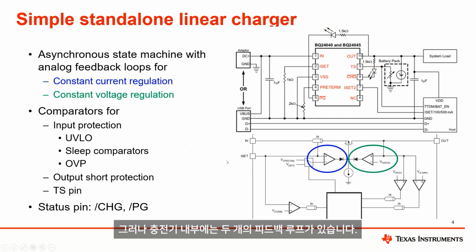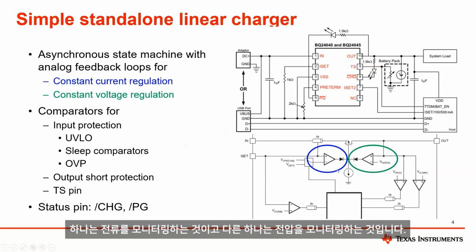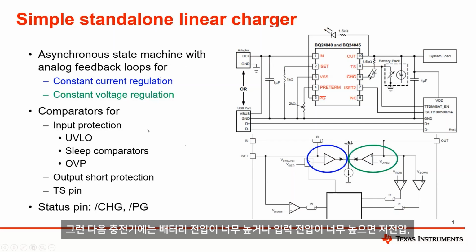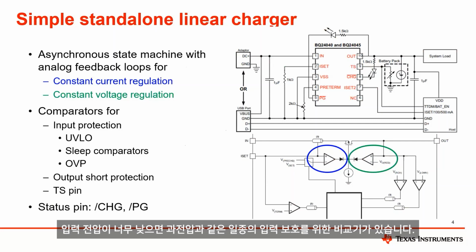But inside the charger, there are 2 feedback loops, one to monitor current and one to monitor voltage. I've got those highlighted in blue and green. And then the chargers also have comparators for some sort of input protection, such as under voltage if the input voltage is too low, over voltage if the input voltage is too high.